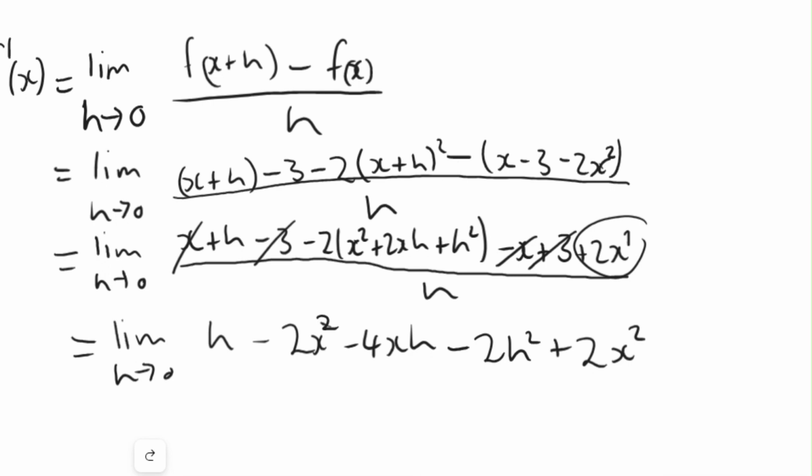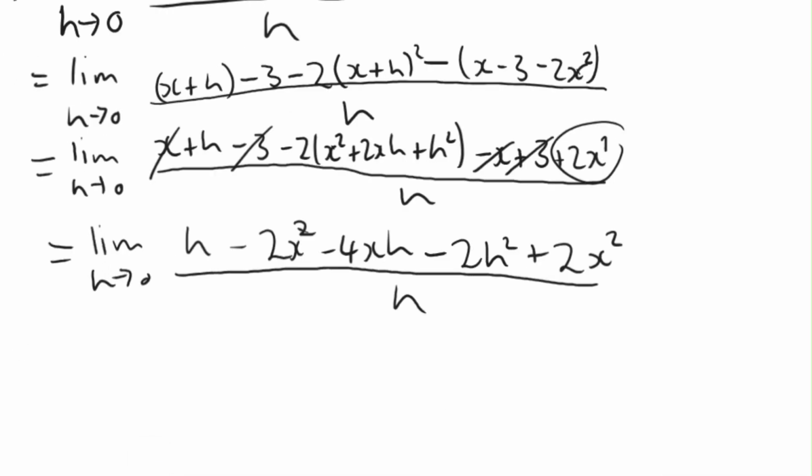We divide everything by what? By h. Okay, and what do you get? Let's cancel this one with this one because they are the same things, but now with opposite signs, so they can go out. So we just have the limit as h goes to 0 of what? On top we are left with h minus 4xh minus 2h squared.